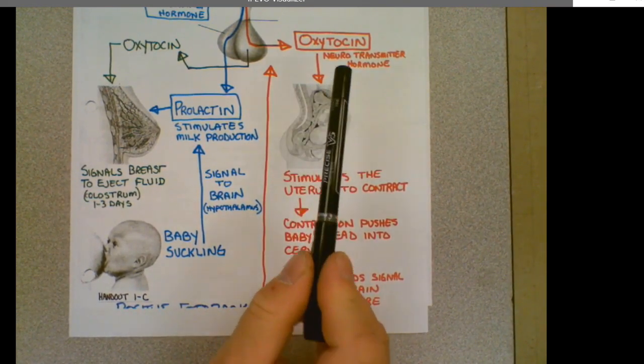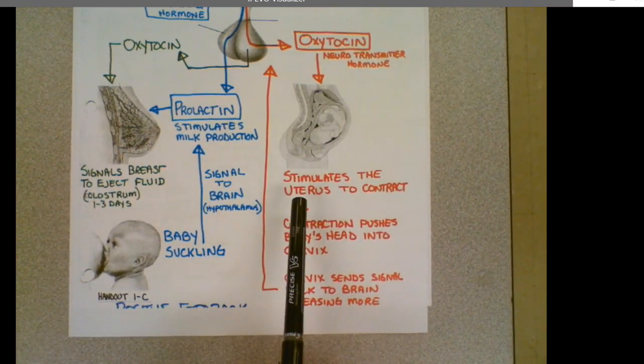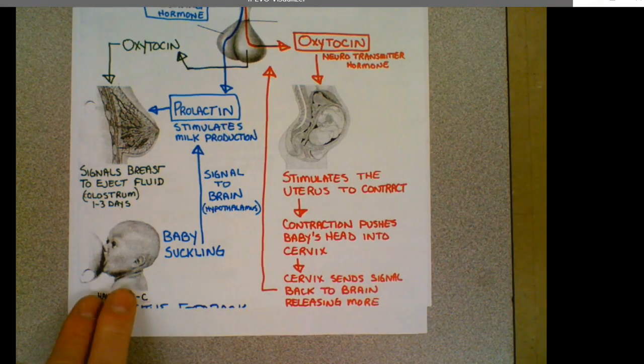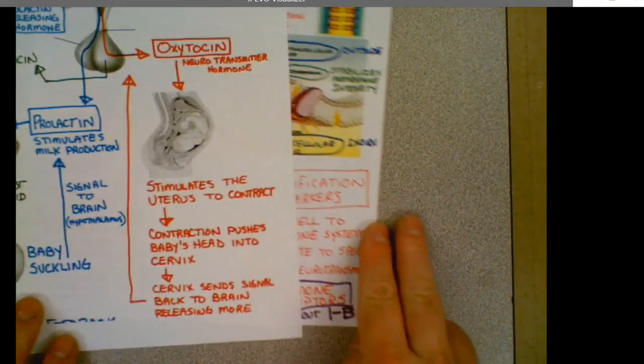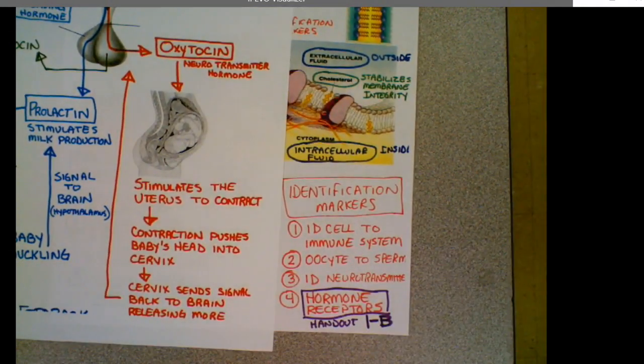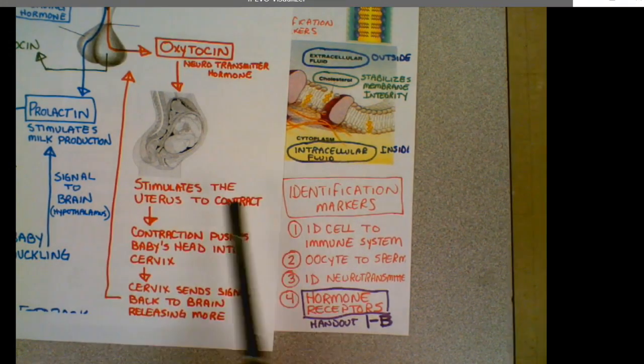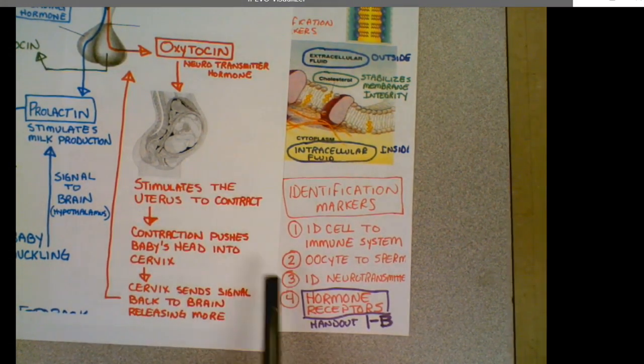And oxytocin is going to tell that uterus to contract. Now, the big question is, how does it know? How does it know to affect the uterus and not some other organ? The answer to that is the uterus itself has identification markers on the uterine cells that act as hormone receptors.